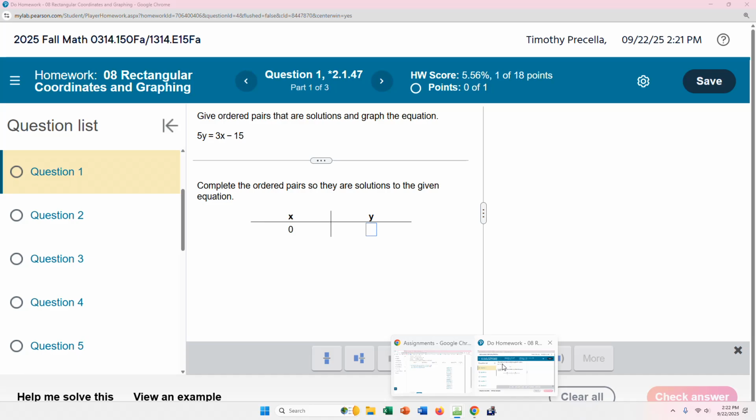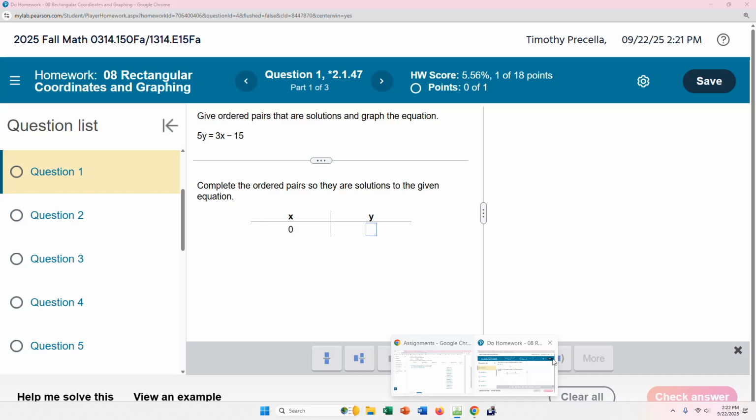So I'll do that over here. Plug the 0 in for x. We'd have 5y equals 3 times 0 is 0 minus 15. So we just have a negative 15 on the right.